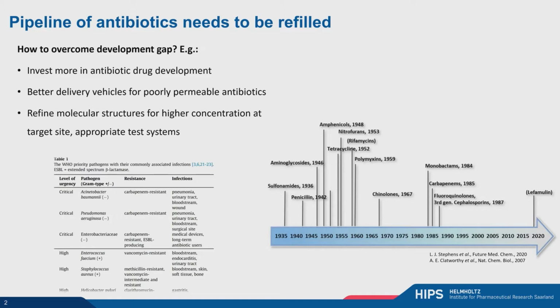On the other hand, we also see these molecular weight cutoffs, for example, for E. coli, that is between 600 and 700. Usually 600 is considered as a limit, but you can exceed this a bit by following certain strategies.